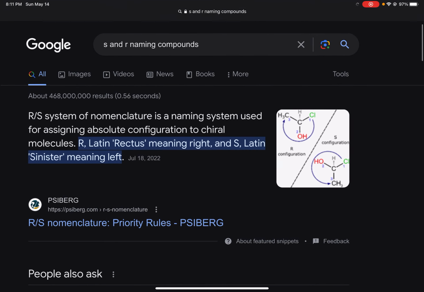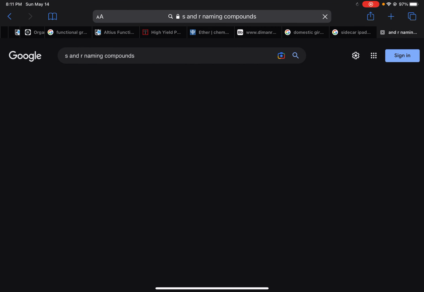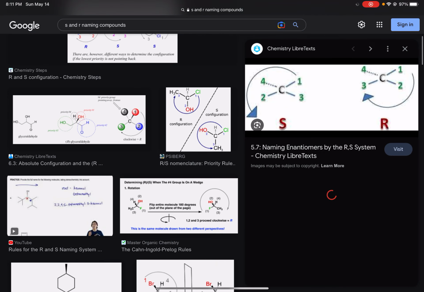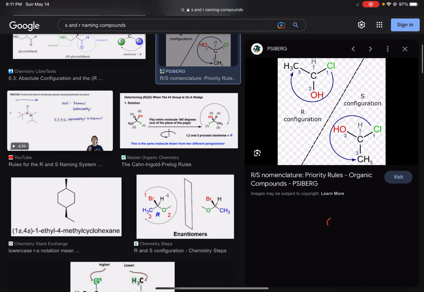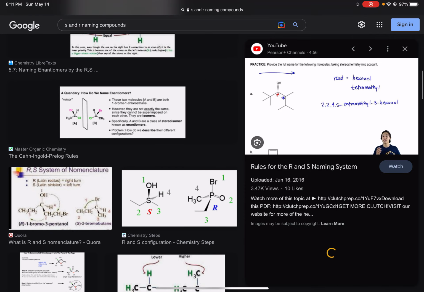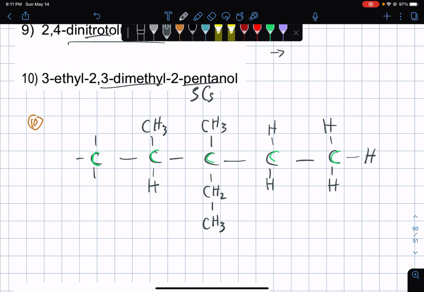Rectus and sinister. Although this isn't taught in our class yet, I came across this a few minutes ago, and it's weird, but I think we are following the rectus. I think rectus is the equivalent of clockwise, or in other words, reading from left to right.